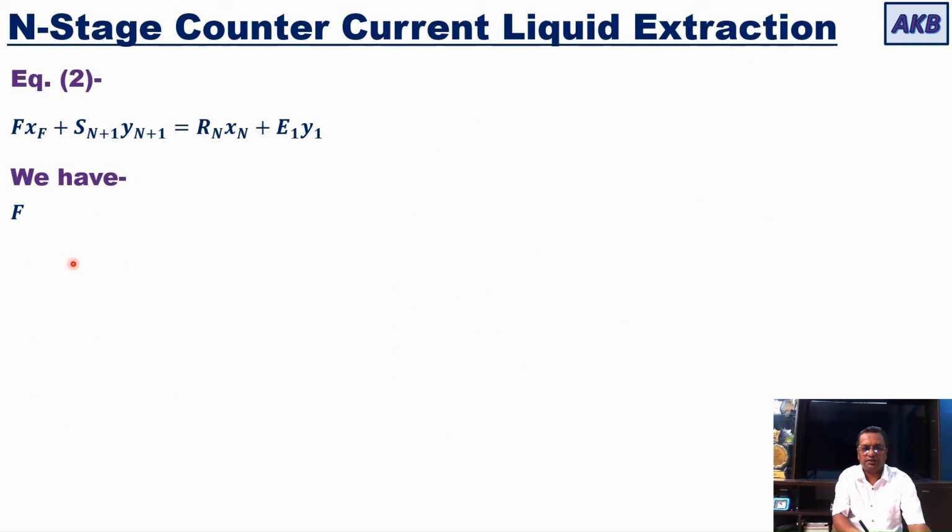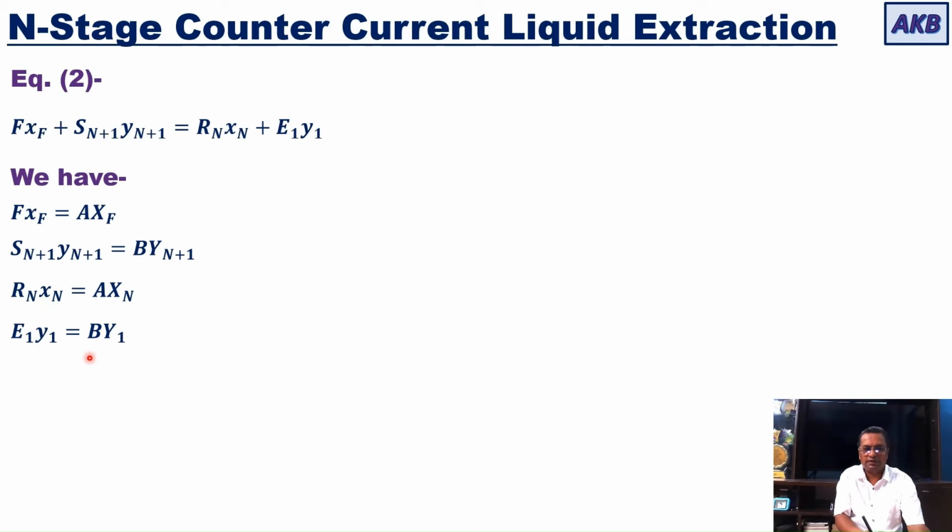Okay, so we got these relations. F into small xf is equal to A into capital XF. Sn plus 1 into small yn plus 1 is equal to B into capital Yn plus 1. Rn into xn is equal to A into capital Xn. And E1 into small y1 is equal to B into capital Y1. Now we are going to use this in equation 2.